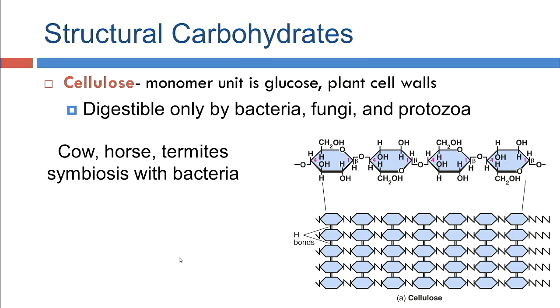Okay, what about all the other organisms that actually use this for energy? Bacteria, fungi, protozoa. What if you're a cow or a horse and you're eating grass or hay for your food source? How are you getting any energy? They can't. Even a termite who eats wood, which is straight up cellulose, cannot break it down. So what they have are these bacteria that live in their guts that break it down.